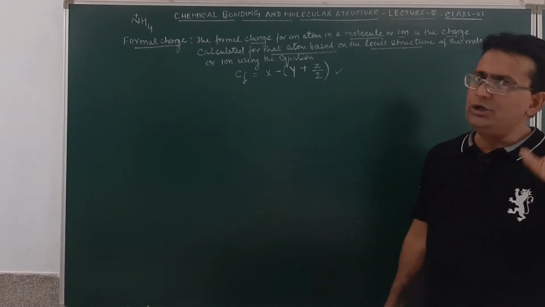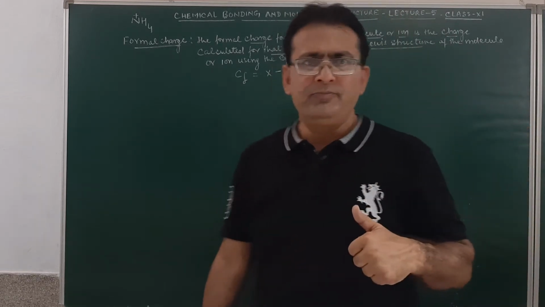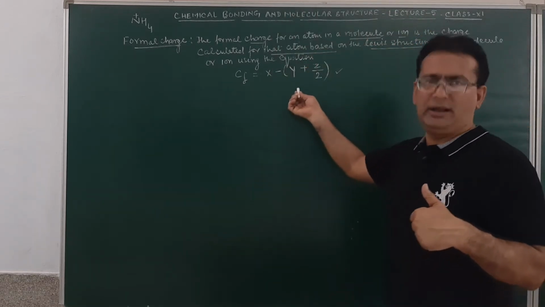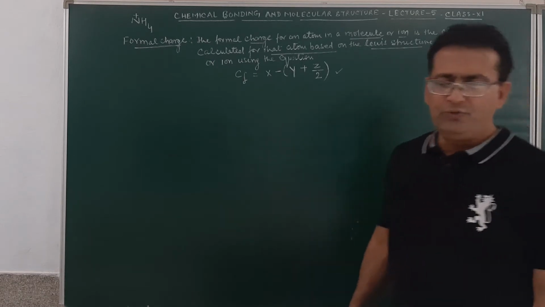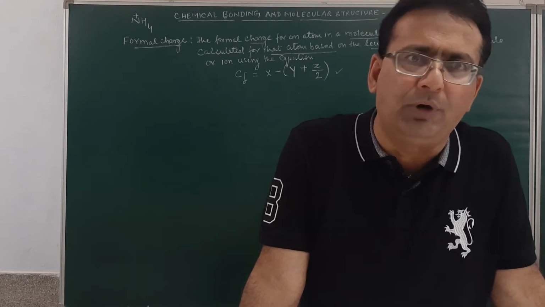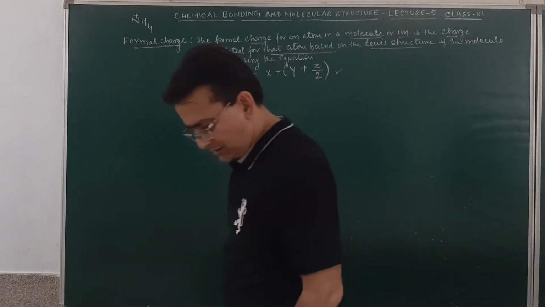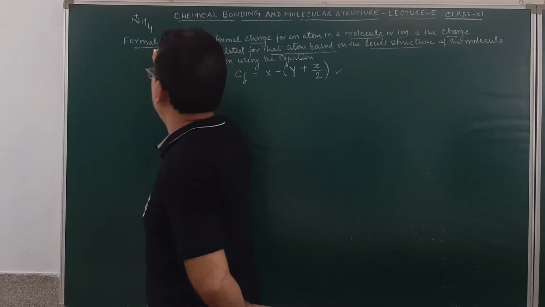So we write down the Lewis structure, and then using this formula we calculate the formal charge of an element in a molecule or ion. These formal charges are represented by CF.